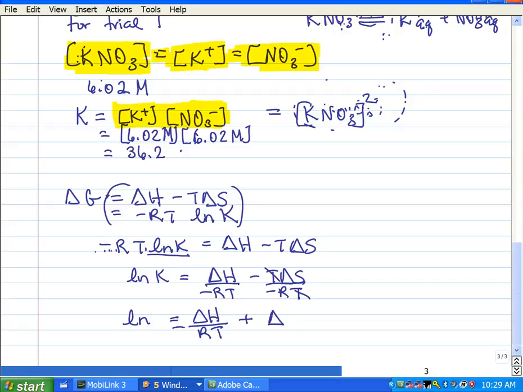T delta S divided by negative RT, the T is canceled, and so it just leaves a positive delta S over R. Okay, so everybody sees where all that comes from.